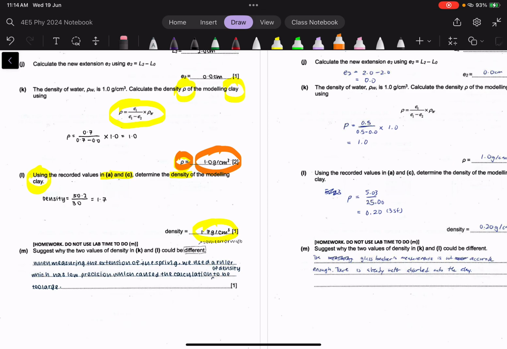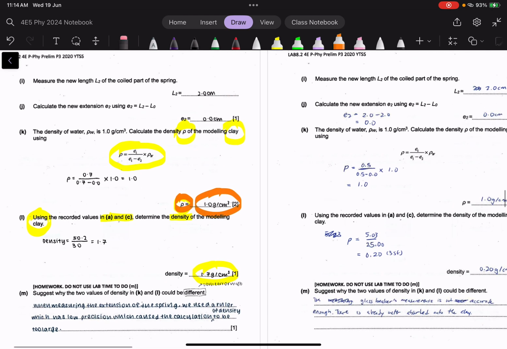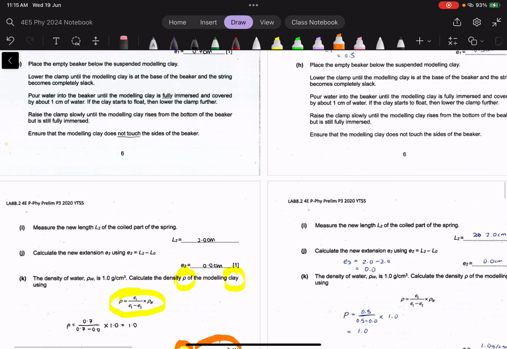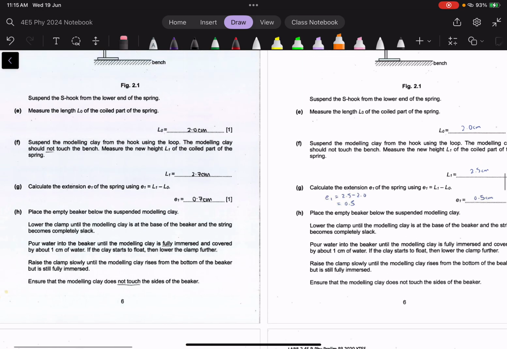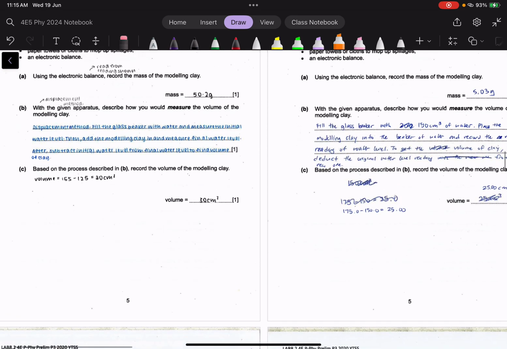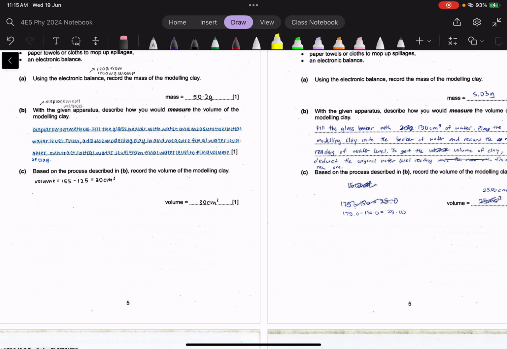It's very hard in real life to get readings exactly identical. There will be some difference there, and they will ask you, hey, which step do you think causes this? If you look at this, in the question they will limit you to a certain weird process, like here they limit you to use the apparatus given to you.